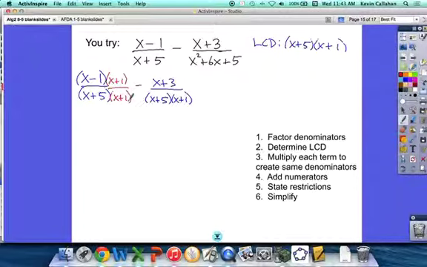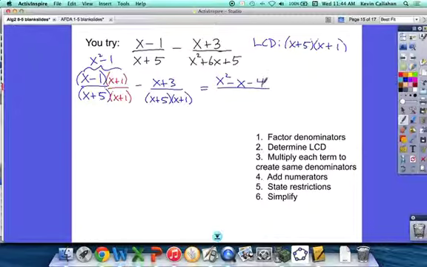Now we can combine the numerators. Since everything has the same denominator, we will subtract the numerators. So x minus 1 times x plus 1 is x squared minus 1. When I combine, I'll get x squared, there is a negative x, and then negative 1 minus 3, which is minus 4.